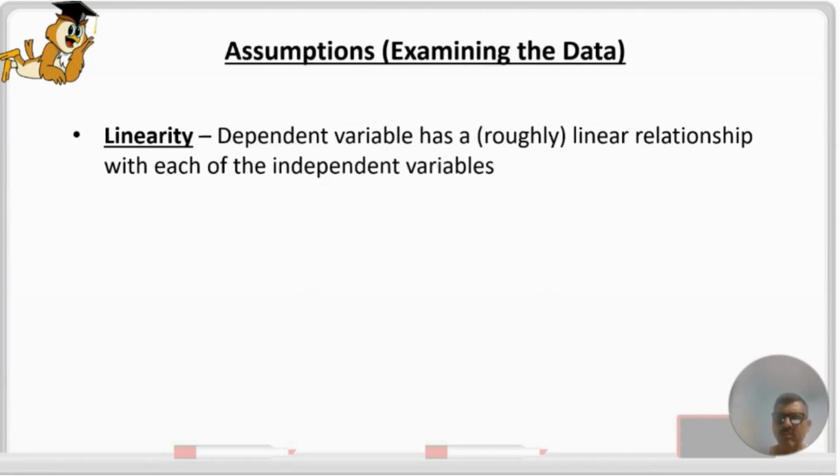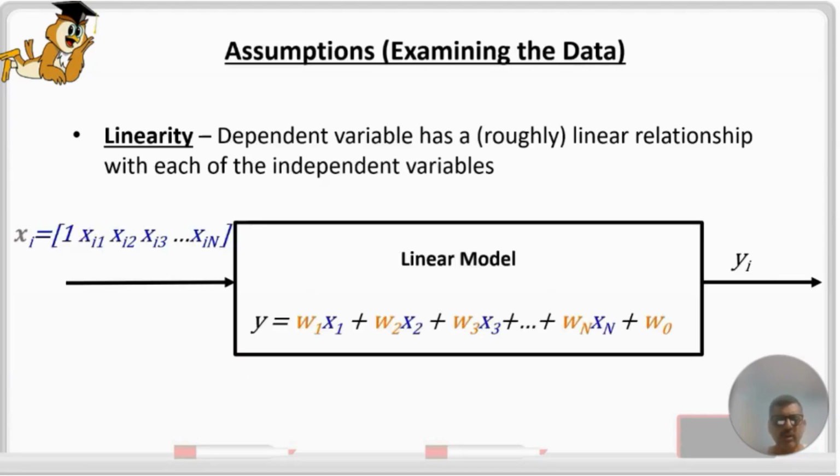Why do I say roughly? Because you are never going to get an exact linear relationship. These are observations usually of physical processes, and therefore what you're looking for is a roughly linear relationship, right? What is important about this assumption?